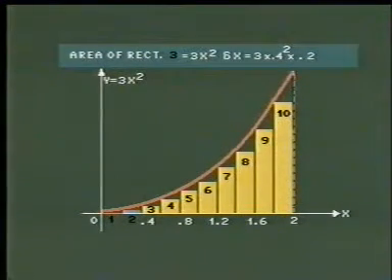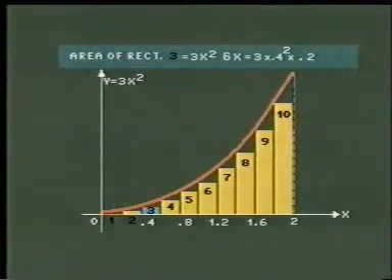Area of the third rectangle is equal to 3 into 0.4 square into 0.2, and so on. And finally, area of the last rectangle is equal to 3 into 1.8 square into 0.2.